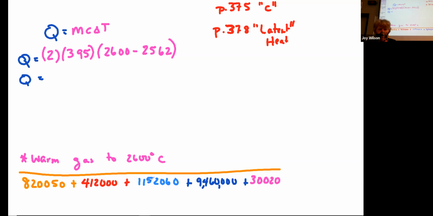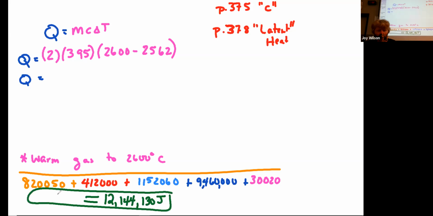So our grand total is 12,144,130 joules of energy to do all that. It's the Q total.